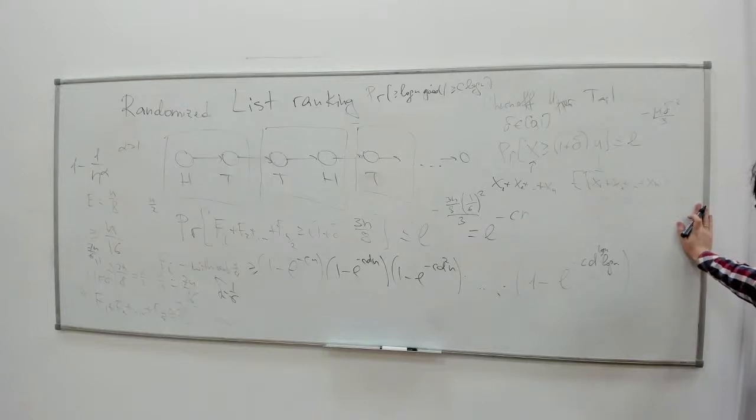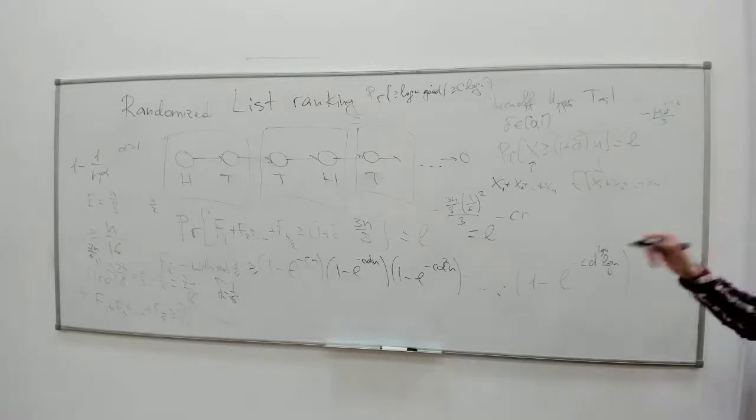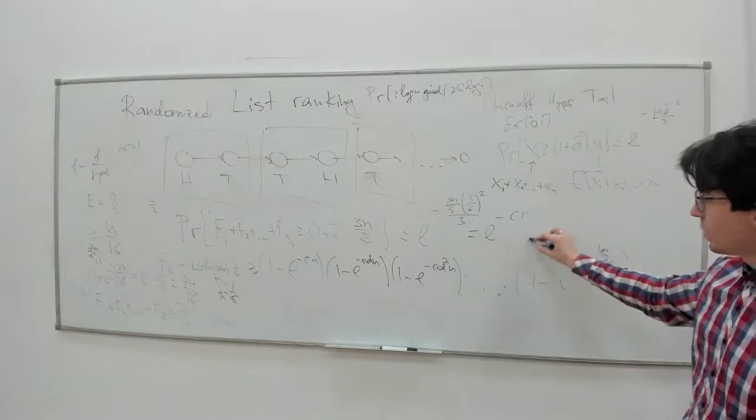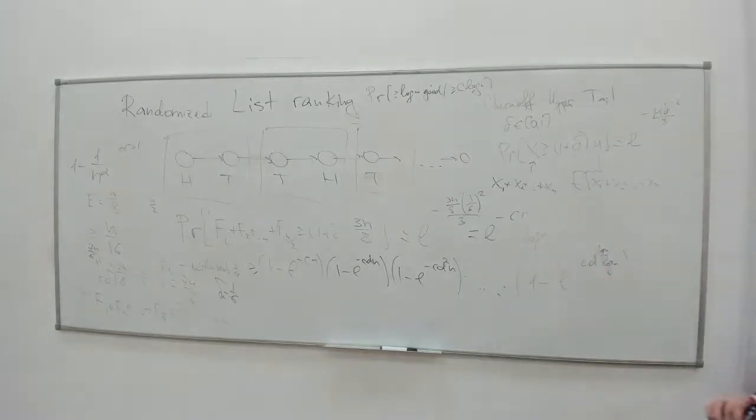Do I have logarithm n? Yeah, I think I will decrease. So how many steps are there? There are logarithm n elements, right?